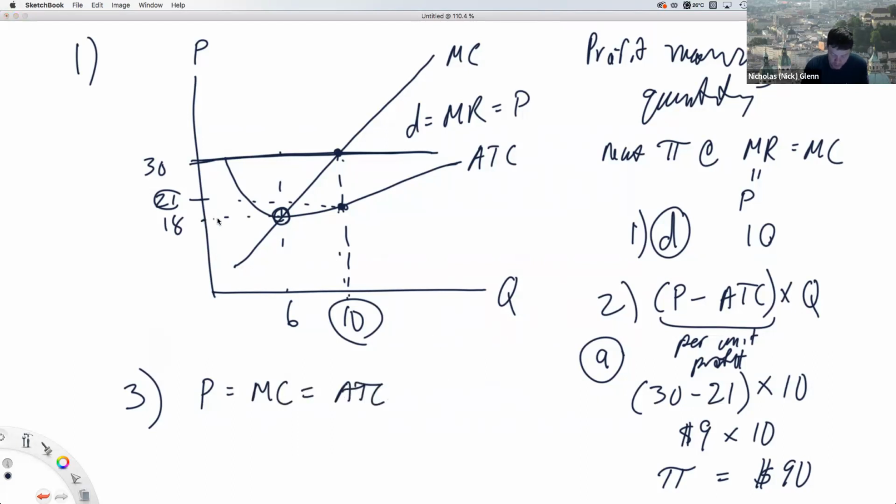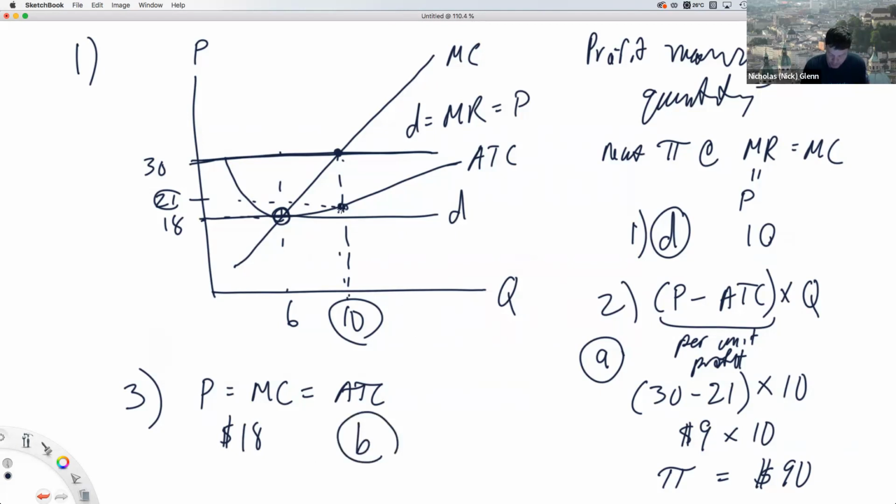So at this price right here, the 18, all three of those will be equal to each other. Let's say this price drops to 18, there's your demand curve. Now at this price, no one's going to keep producing once it falls below that, because their profit would be zero at this point, and negative if it falls below this price right here. And so 18 is going to be the price here. So that's going to be B.